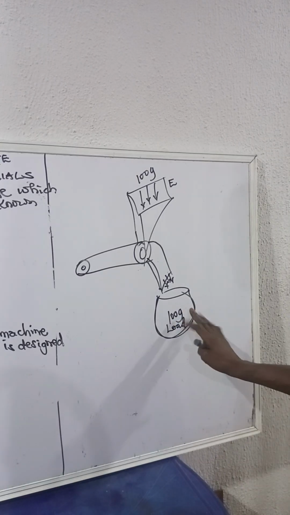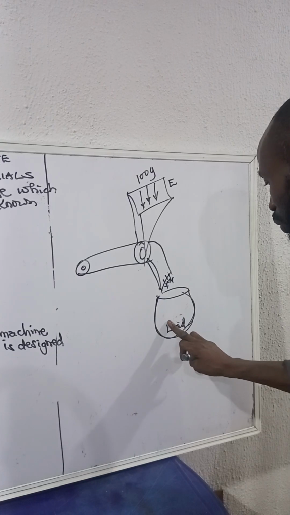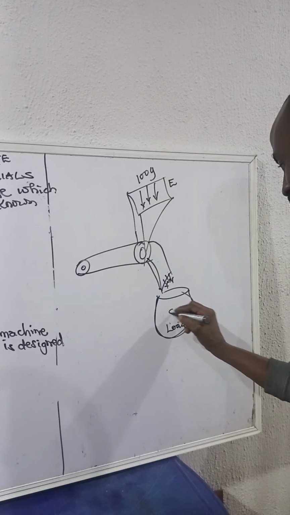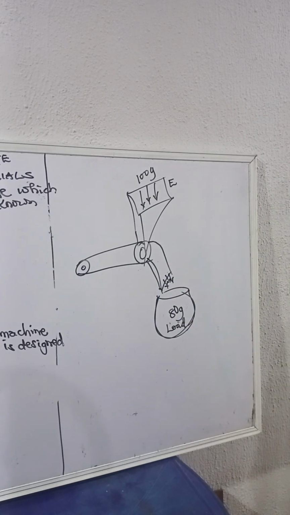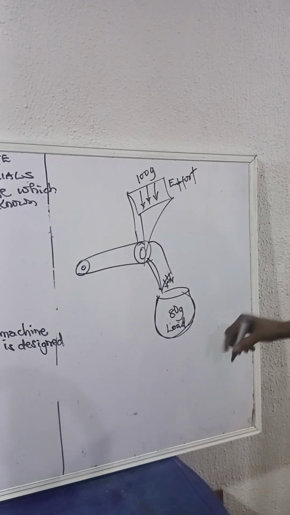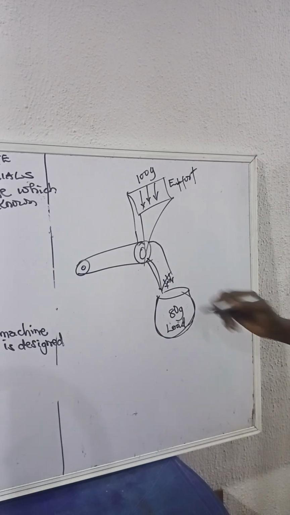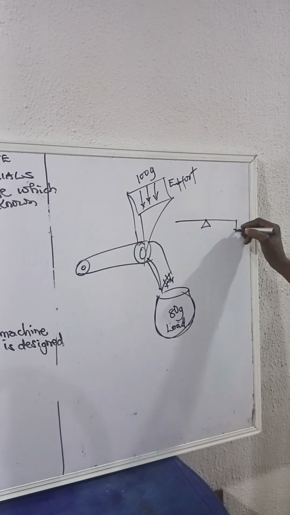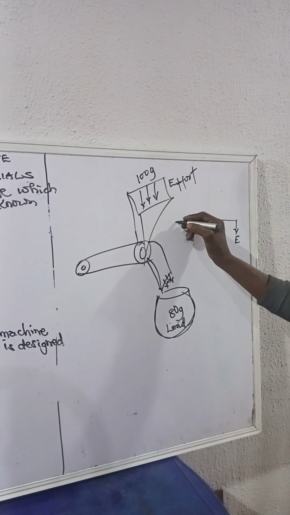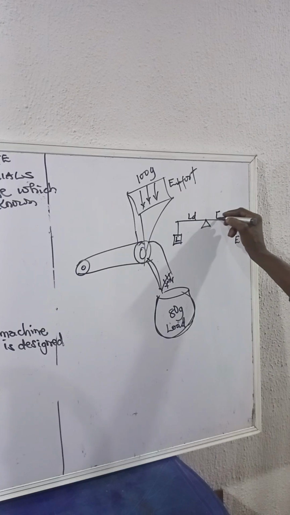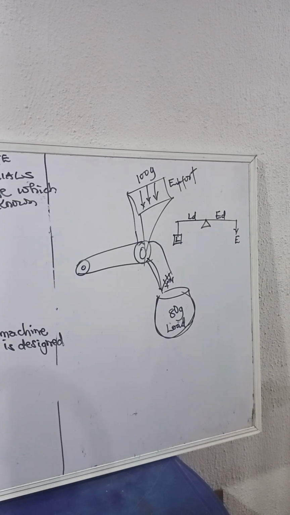And you will believe with me that this will never be up to the 100 grams which we are introducing. So this load may be, let me say, 80 grams. I will explain this one later, but I want you to understand the concept of effort as related to machines, and load. If this is our effort and this is our load, this is the load distance. This is our effort distance.